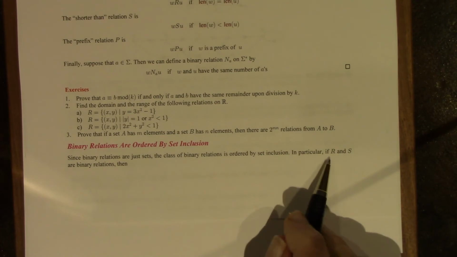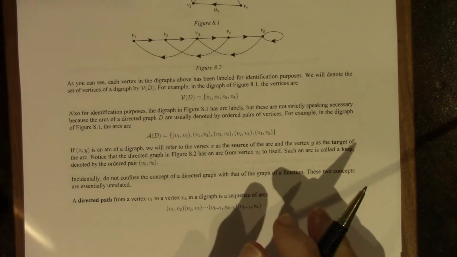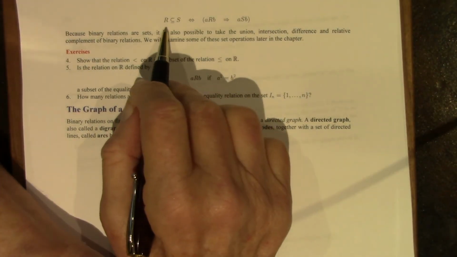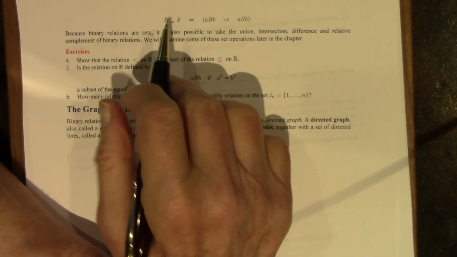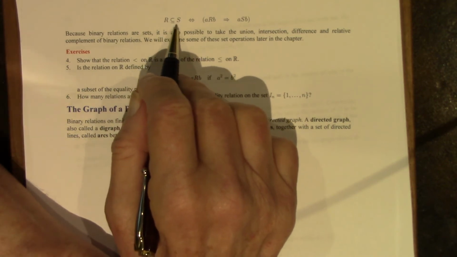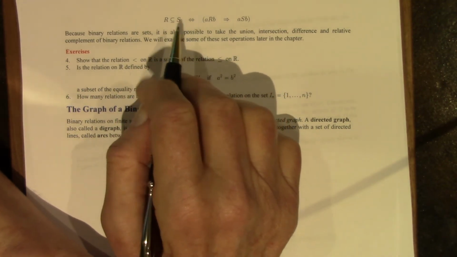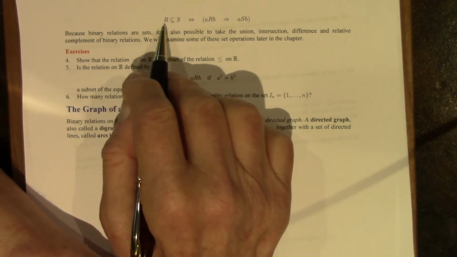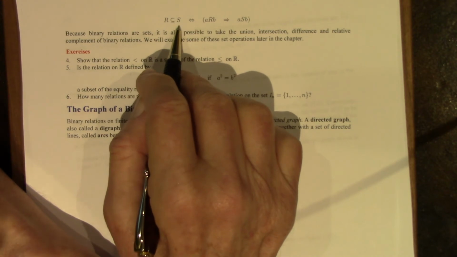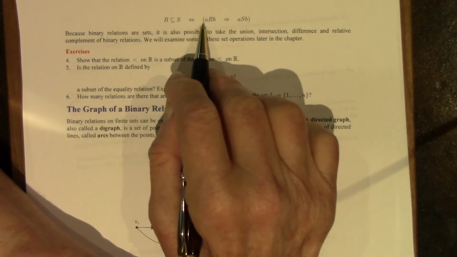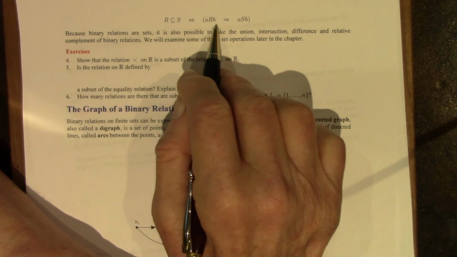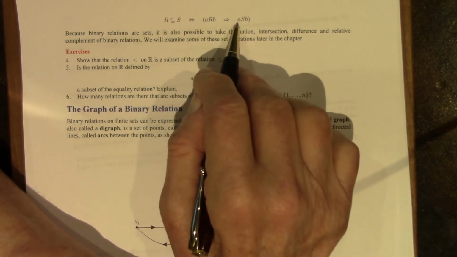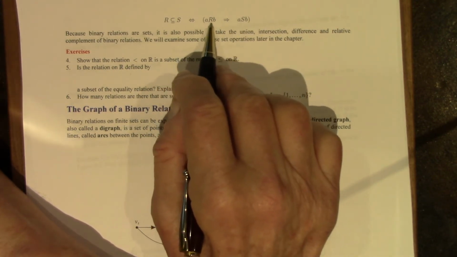In particular, if R and S are binary relations, then to say that R is a subset of S is to say, of course, that every element of R is an element of S, or put another way, an ordered pair AB in R implies that AB is also in S, and finally, A R B, A related to B, implies A S B. So A is R related to B implies A is S related to B.